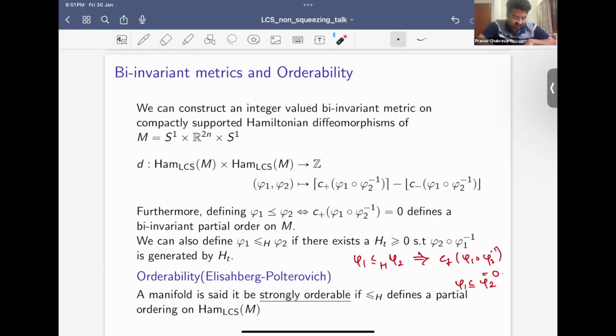One thing I forgot to mention with regards to this metric. There is a result of Polterovich, Rosen, and Buranov that says that on the group of contactomorphisms of any manifold, there is no fine conjugation invariant metric, and the proof implicitly uses the fact that in a Darboux neighborhood, you can squeeze any ball into any other ball.